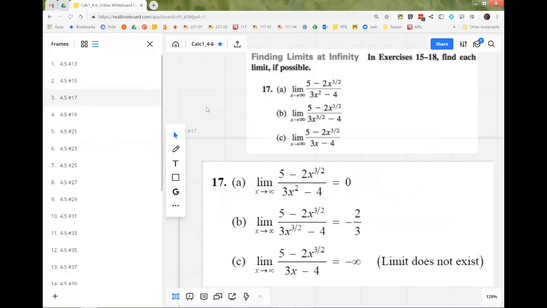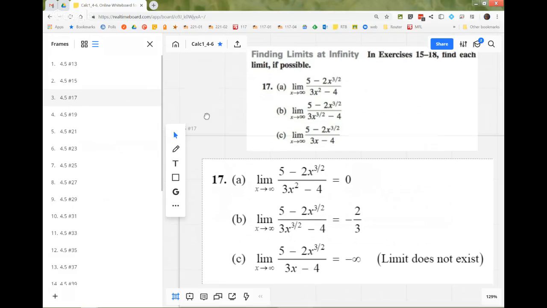Okay. Now, we know that the numerator wins. So now what's the coefficient on top? Well, it's a negative 2x to the 3/2. So it's a negative. On the bottom, it's a positive, and that's why the answer is negative infinity.